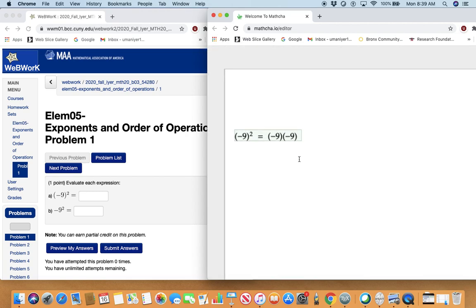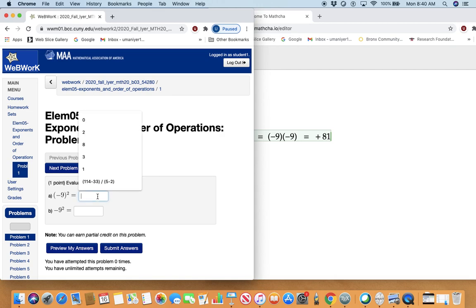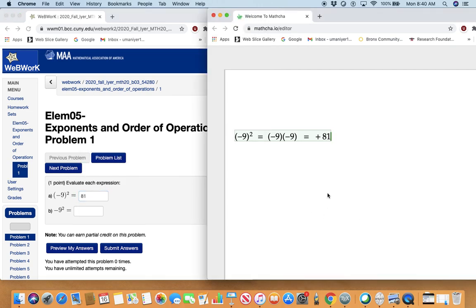Power 2 applies to the closest object it is next to, right? 2 is closest to the parenthesis, so we have to repeat the parenthesis. Negative times negative is a positive 81. So positive 81, I'll simply write like that. So this was question 1, A part.